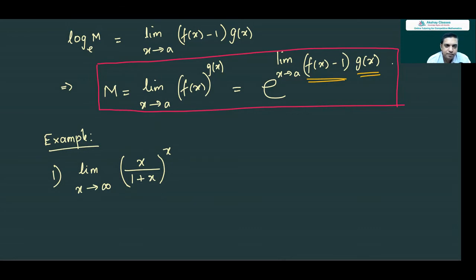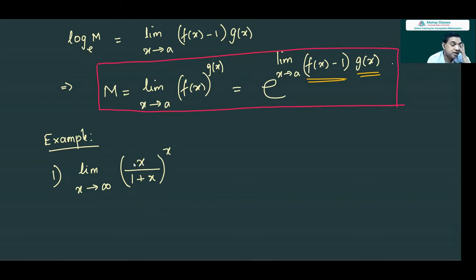Anyone? Please share. Infinity by infinity form. Yes. The inside of the bracket is f of x, whole to the power of g of x form. So it is tending to 1.